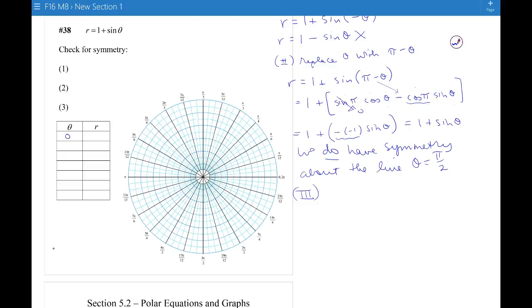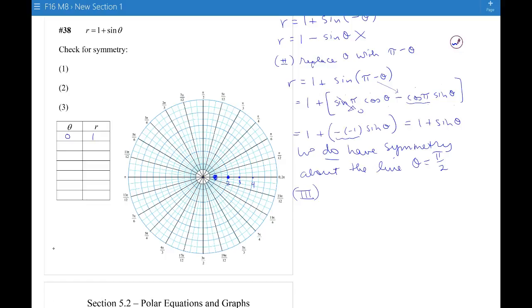So if theta is 0, sine of 0 is 0, and r is 1. So I'm going to use a bigger scale here so you can see. So I'm going to use 2 circles as 1 unit. So this is 2, 3, 4, etc. So here's the first point. Theta is 0, r is 1.